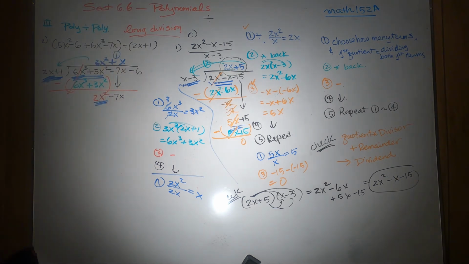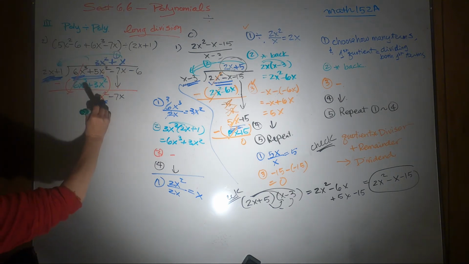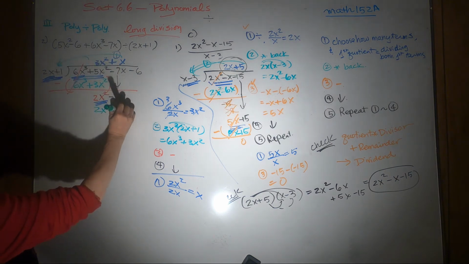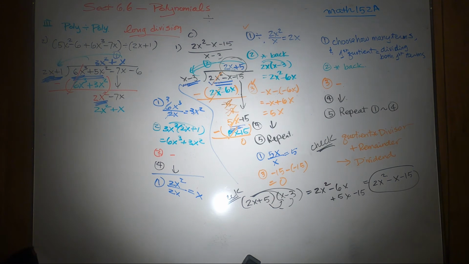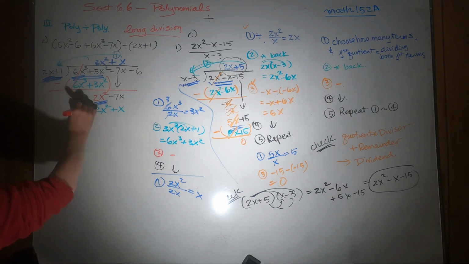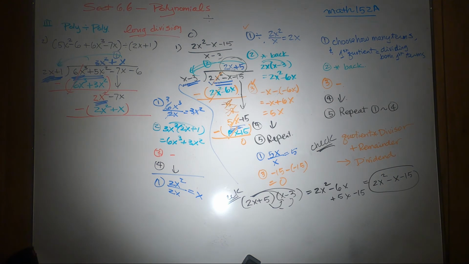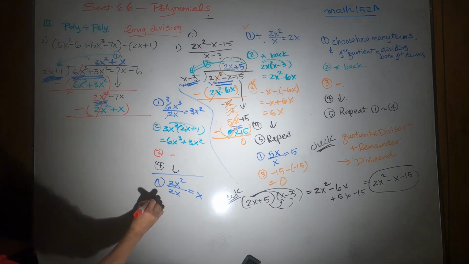Then next step, you multiply back. X times 2x is what? 2x squared. X times 1 is positive x. Then, next one, you will make a mistake, so just be careful. First terms will be cancelled. The next one will be what?